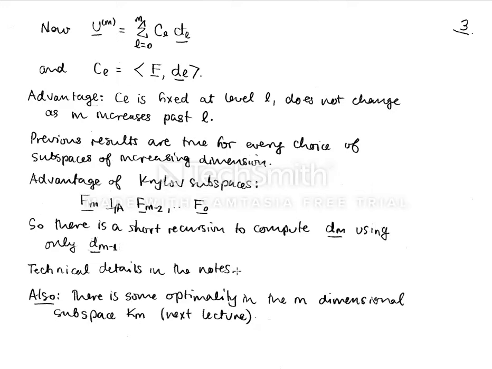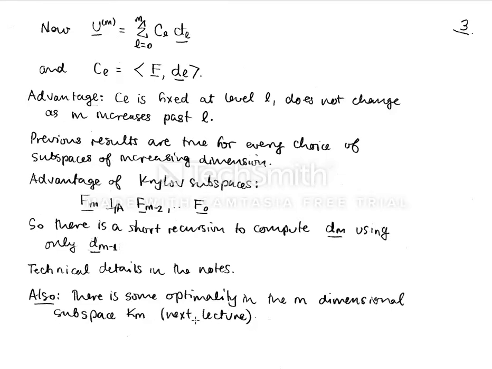So the technical details of all of that are in the notes. Now you notice the notes end with just the method and without indicating that there is some optimality in this technique. Okay, so that'll be the next lecture. We'll look at the error bounds coming from not running this algorithm to completion, which in general would be after n steps.